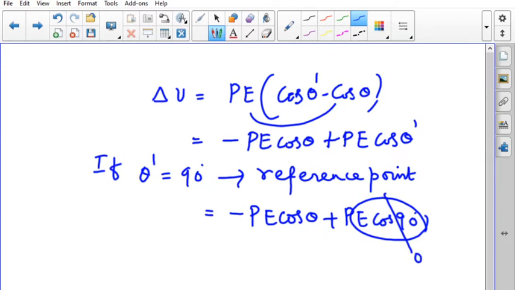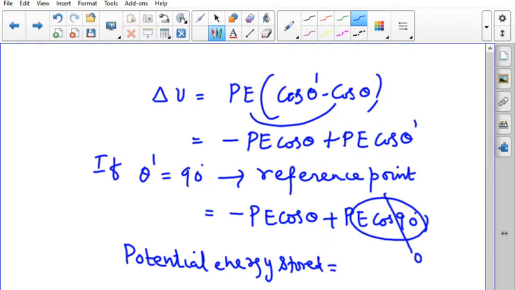So we get the potential energy difference, or potential energy stored, equal to minus PE cos theta. Hope you have studied about the dot product.